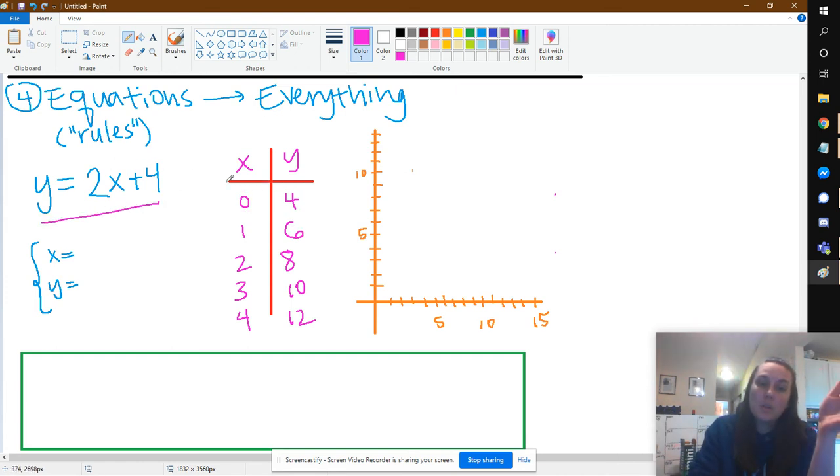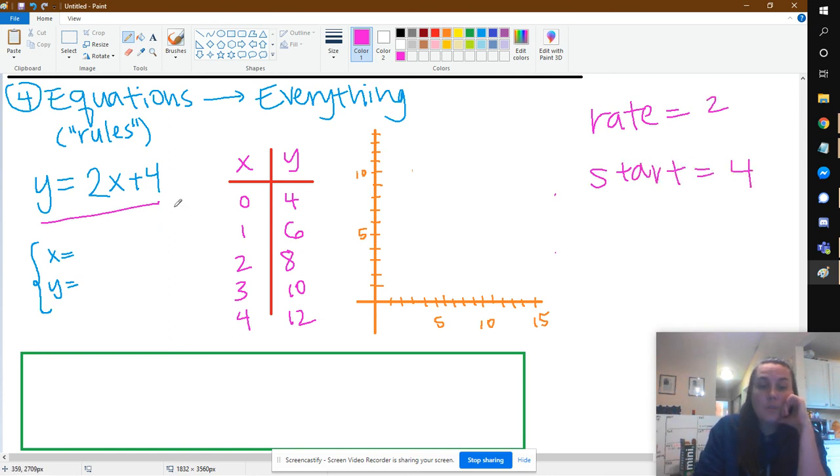From equation to graph, this is when we say, okay, we know our rate and we know our start, because our rate is 2 and our start is 4 based on the equation, the mx plus b. Start, we're going to put a point at 4 as our start point, and then rate, whenever we have a single number instead of a fraction as a rate, we're going to put this over 1.